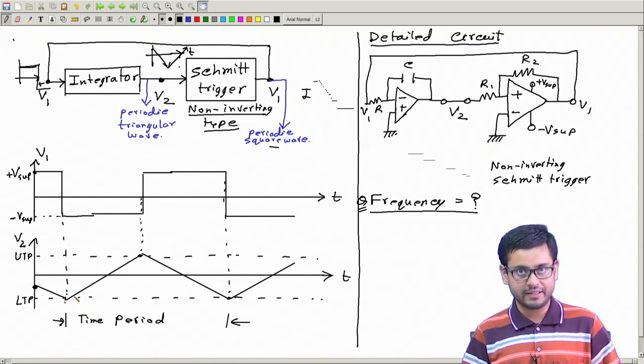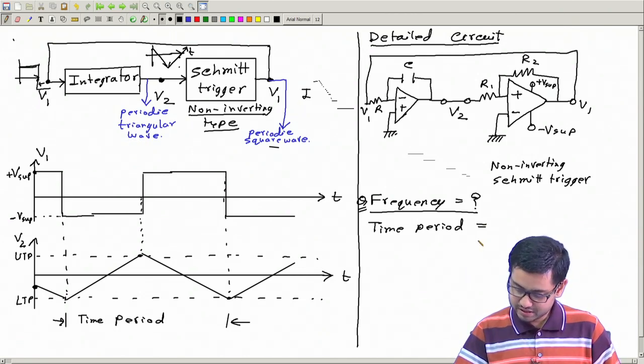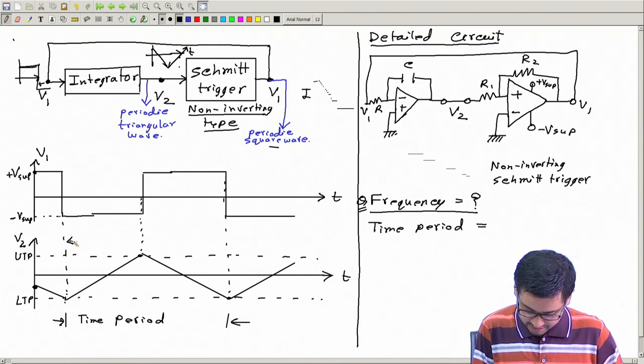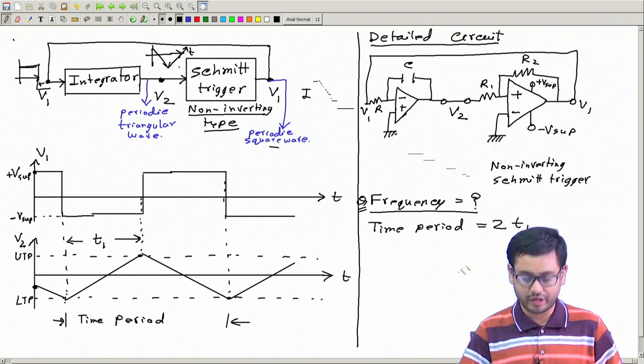From that we can find the time period. Let's write the time period, and call this T1. So the time period is 2 times T1.